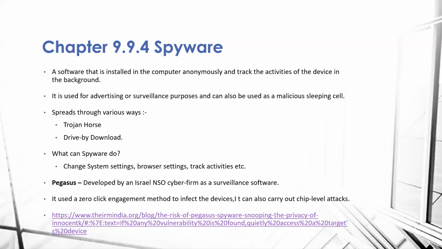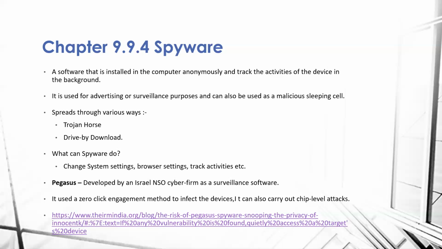One of the most recognized spywares in the world is Pegasus. It was created by the Israeli NSO cyber firm as surveillance software. It can be installed on iOS and Android as well. It gathers information by reading texts and passwords, and tracking location. It can access the camera, even the microphone as well. It uses a zero-click engagement method to infect the device.